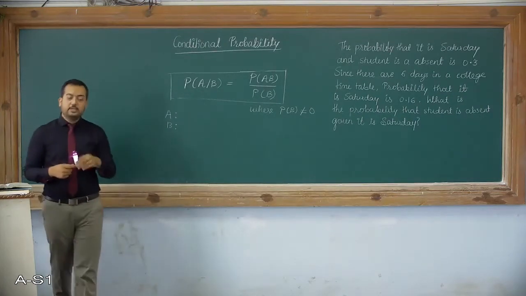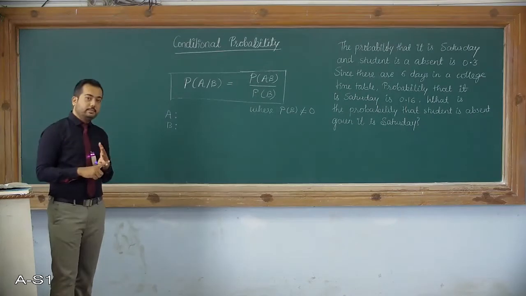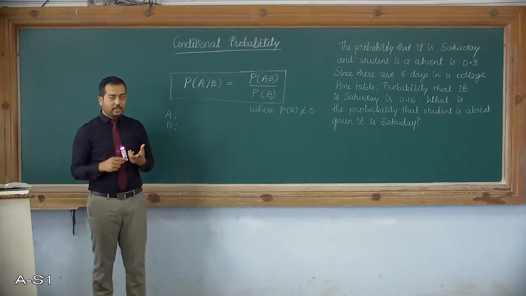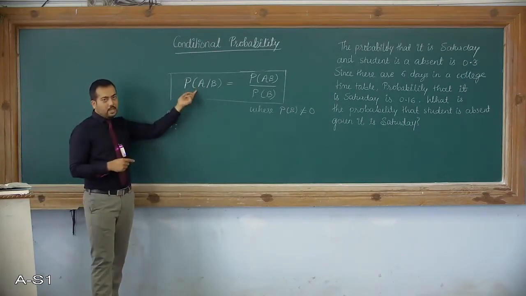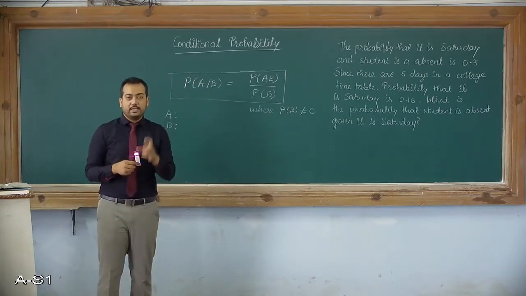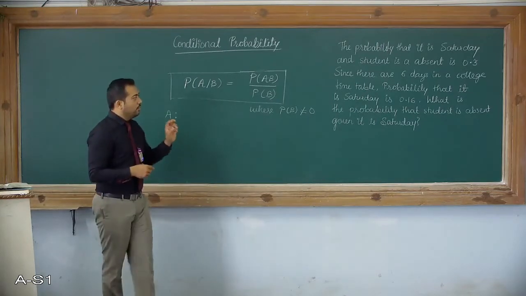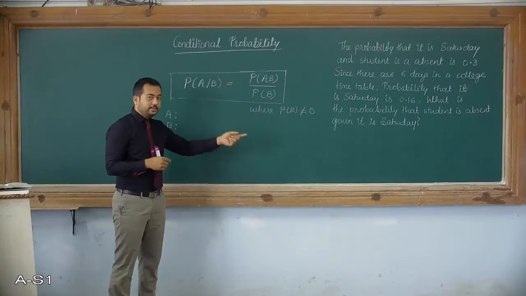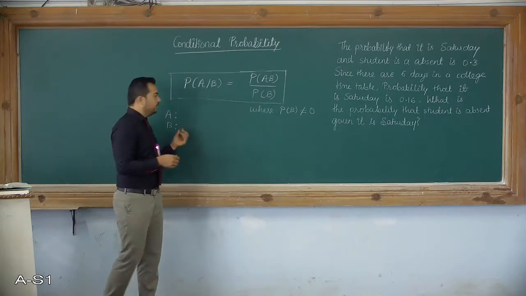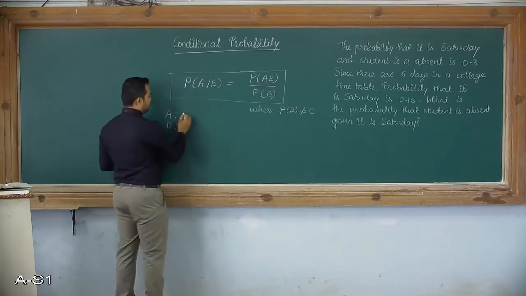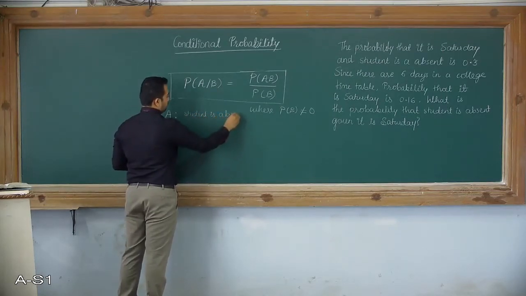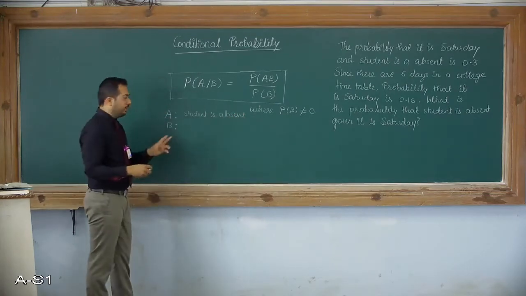Understand one thing: the event whose probability we have to find, we name it event A, and the event whose alone probability is given, we name event B. Now, we need to find the probability that the student is absent, so the student is absent is my event A, given it is Saturday, and event B is that it is Saturday.